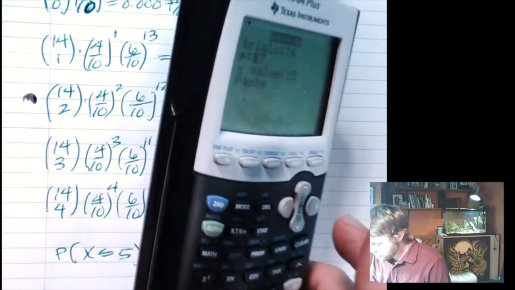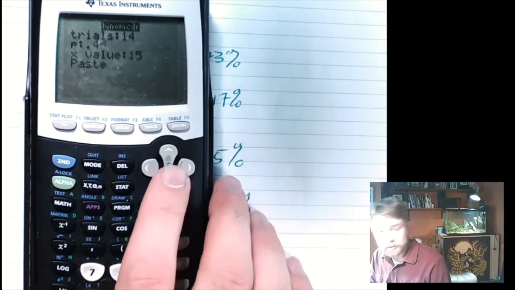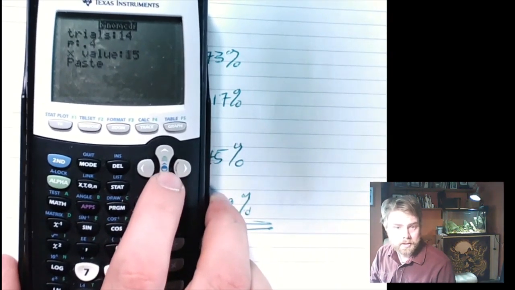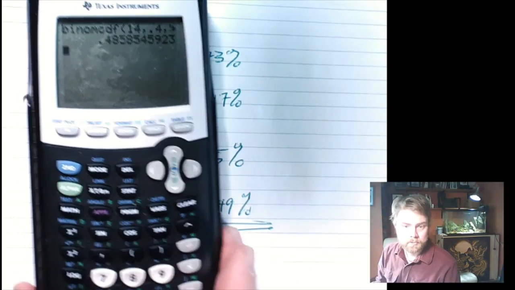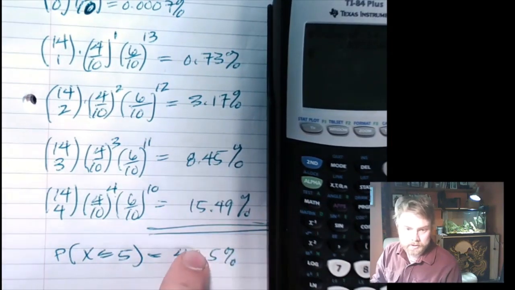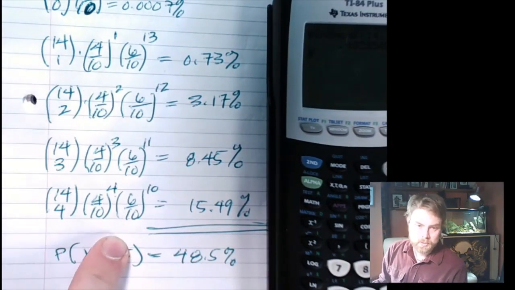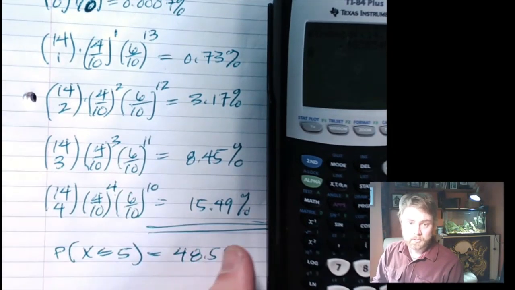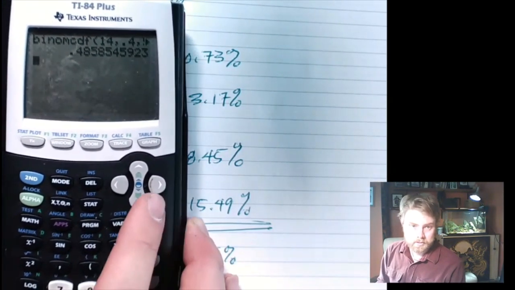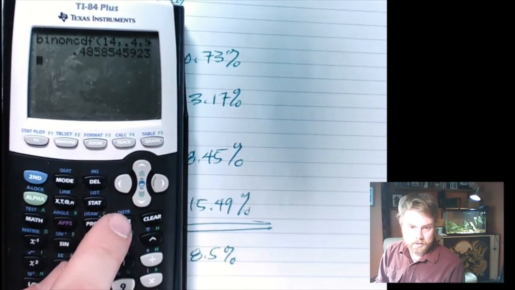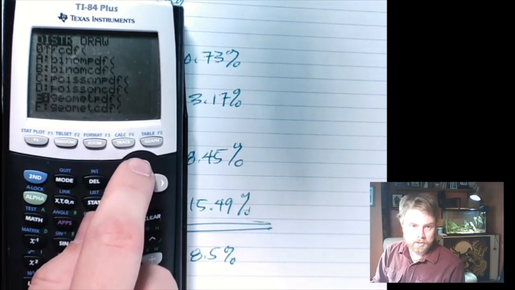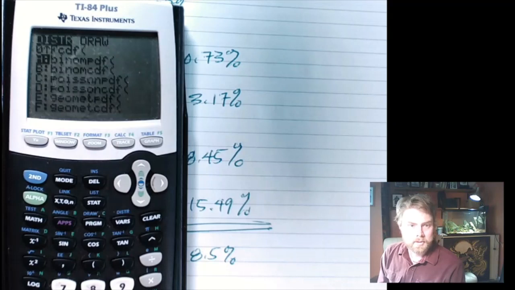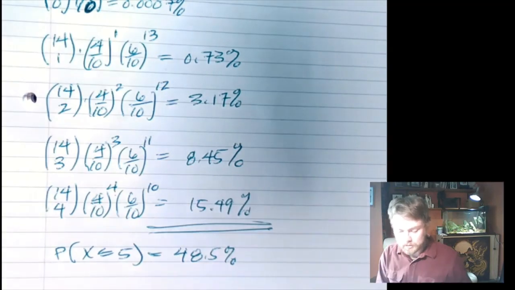This is going to be 0.4 for gold, and the X value that we want is 5. Alright, so 48.5. Now, if you were savvy enough with the calculator, you could avoid doing the individual calculations because the calculator is doing these for us. If you know where to look on the distribution, again, in distribution, second bars, and then all the way down and go up to get back to option B there.